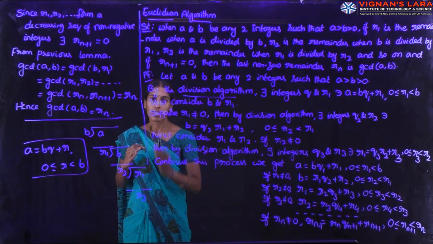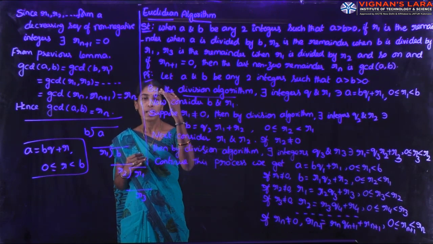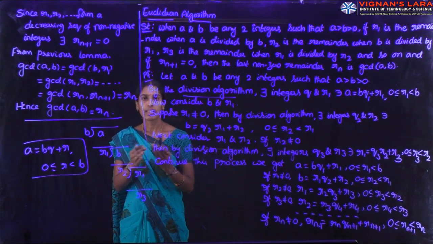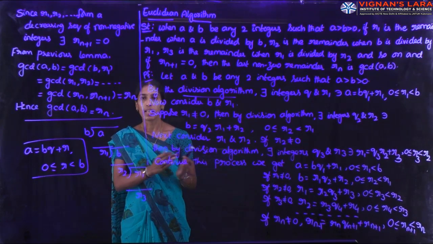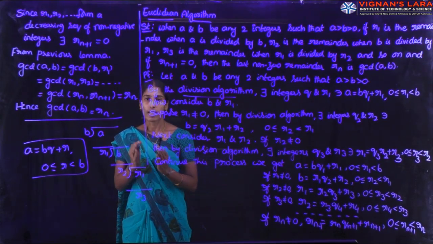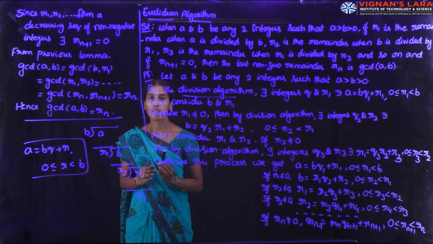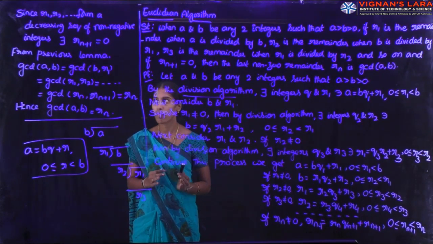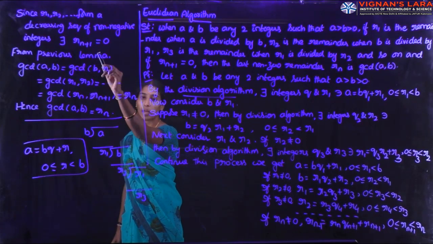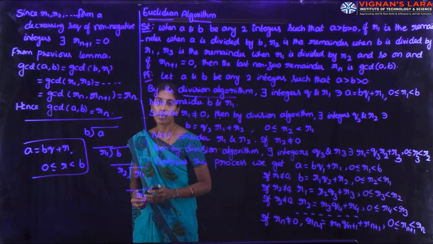Suppose in the first case the remainder is 100, in the second case it becomes 10, in the third case it becomes 3, in the fourth case it becomes 2 or 1. So after a finite number of steps, the remainder must be equal to 0. So there exists some remainder Rn plus 1 which is equal to 0.